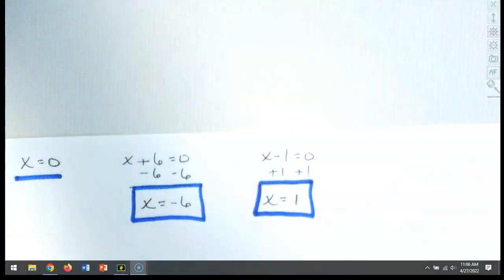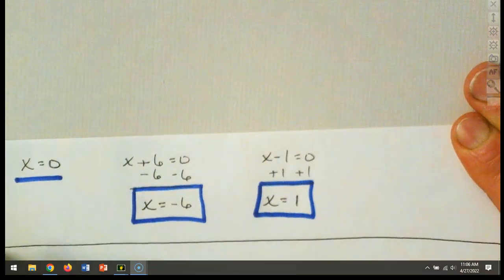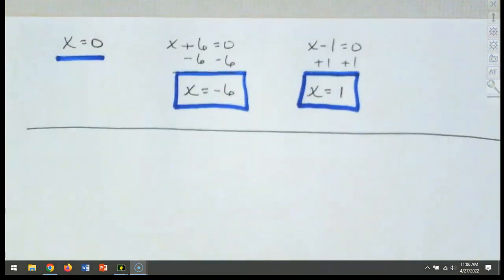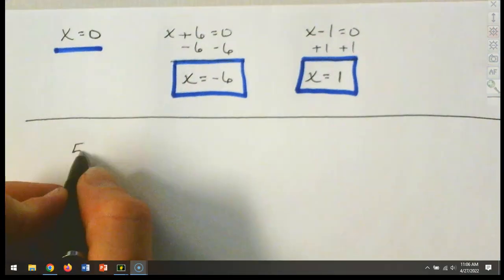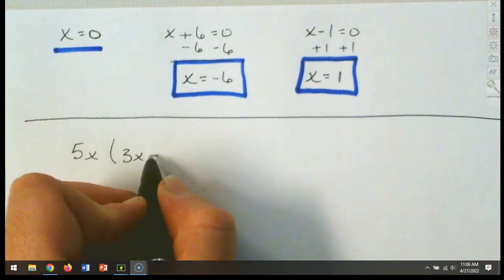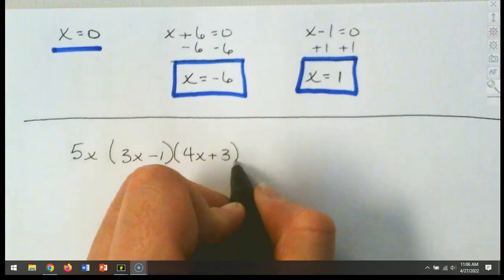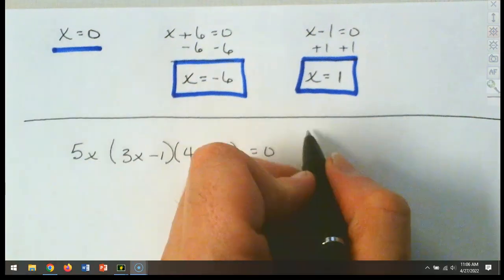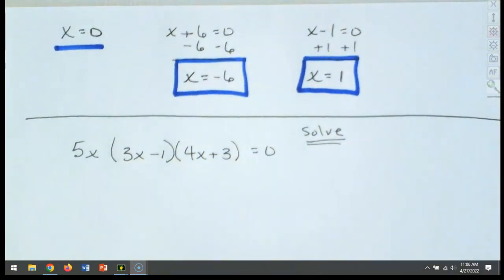Let's try another one. Let's try one that's already been factored for you. In some cases, you might be given something that's already been factored.